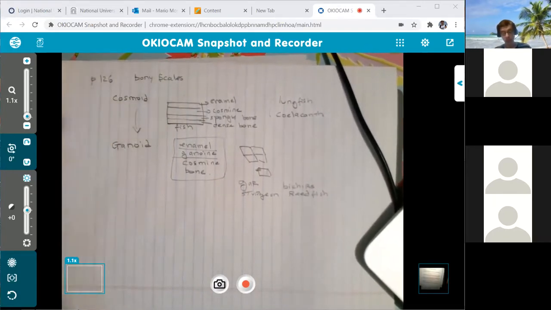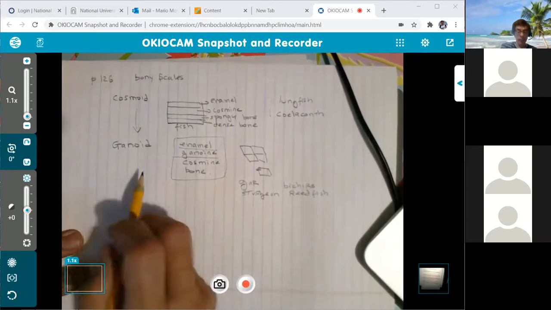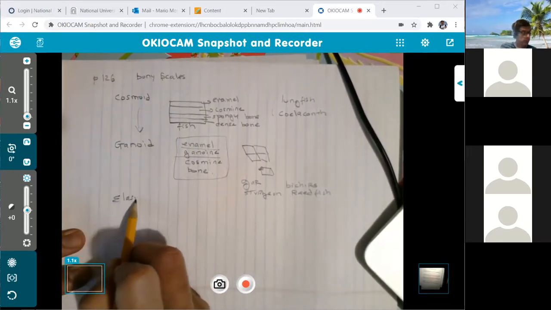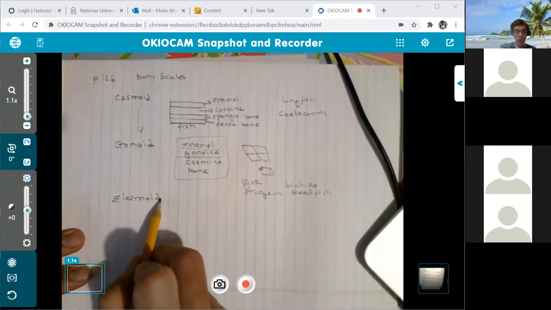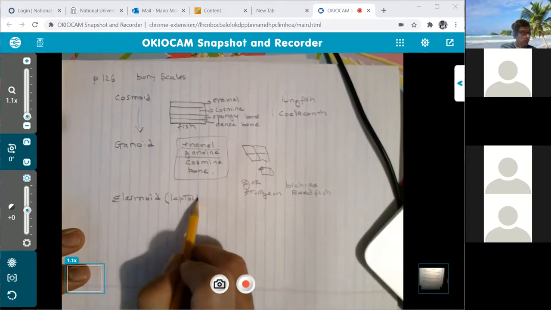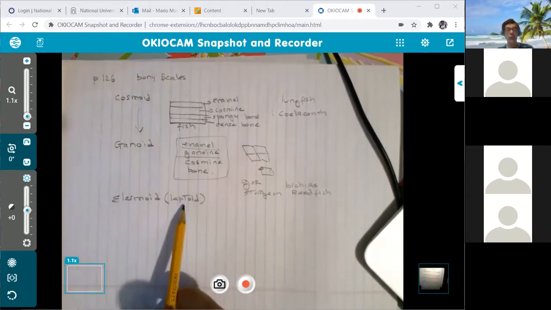The modern fish, or the most common fish you can think of, are going to have the type of scale called elasmoid. Another name that you might see is leptoid. I'm giving you this one just so that if you see it in the book, you recognize it.